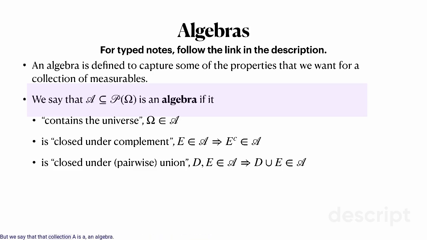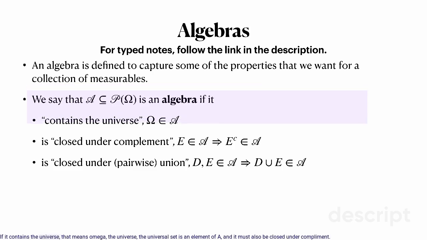But we say that that collection A is an algebra if it contains the universe, that means omega, the universal set, is an element of A. And it must also be closed under complement.